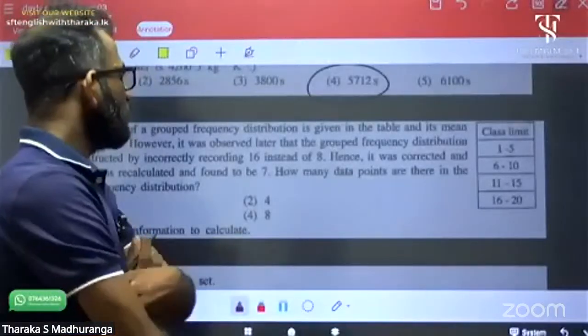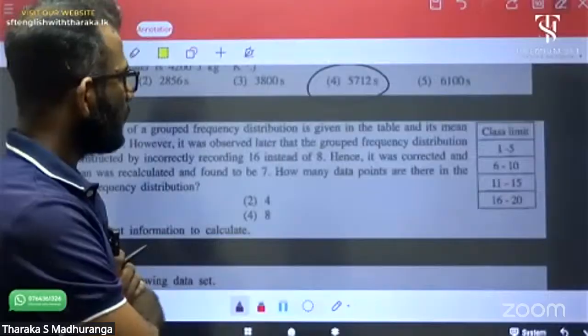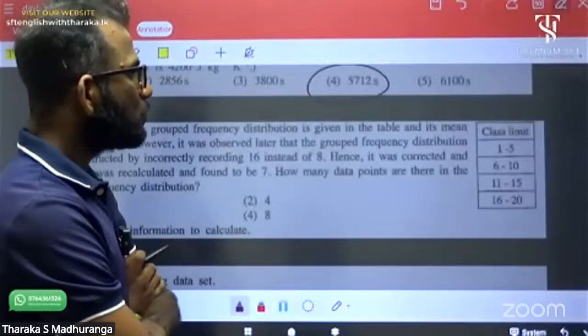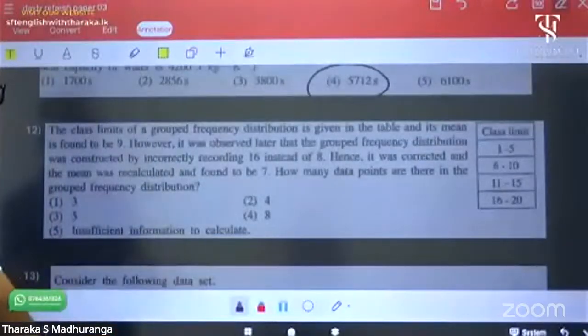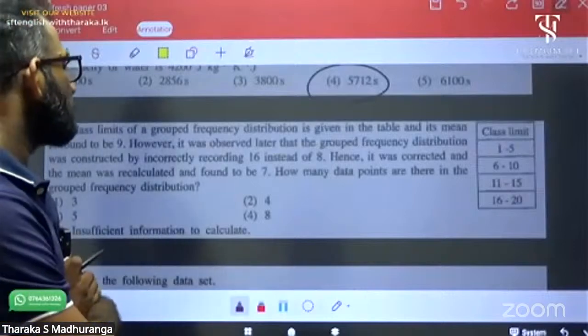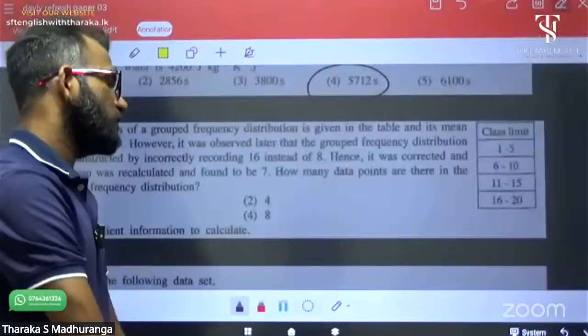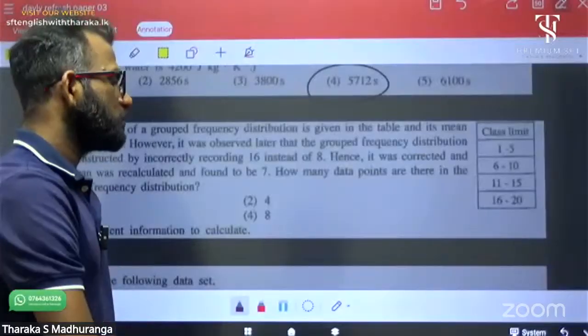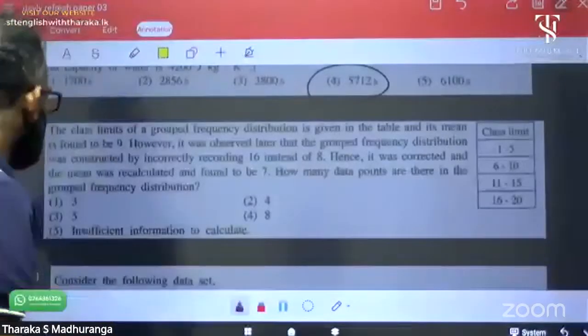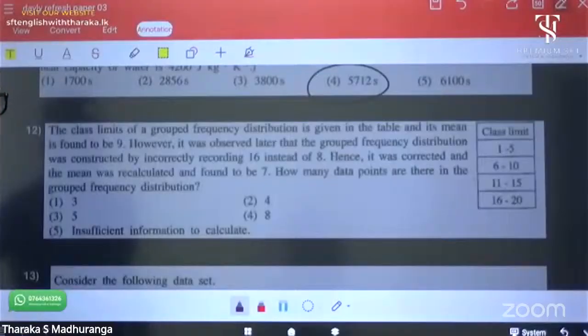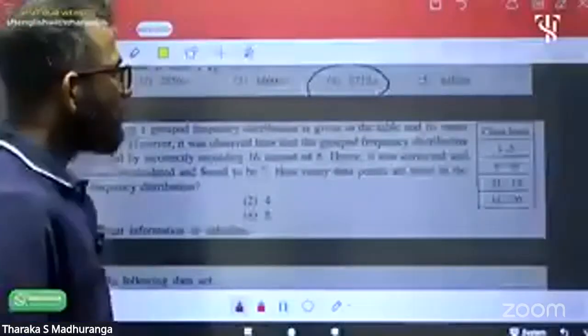However, it was observed later that the distribution was constructed by incorrectly recording 16 instead of 8. Hence, it was corrected and the mean was calculated. How many data points are there in the frequency distribution?